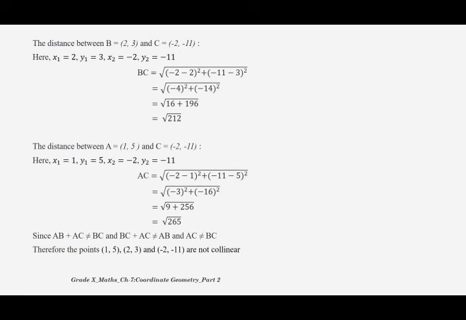Now we can see from our answers that AB plus AC is not equal to BC, BC plus AC is not equal to AB, and AB plus BC is also not equal to AC. That means whichever way we add any two distances, we are not getting the third. So these points are not collinear.